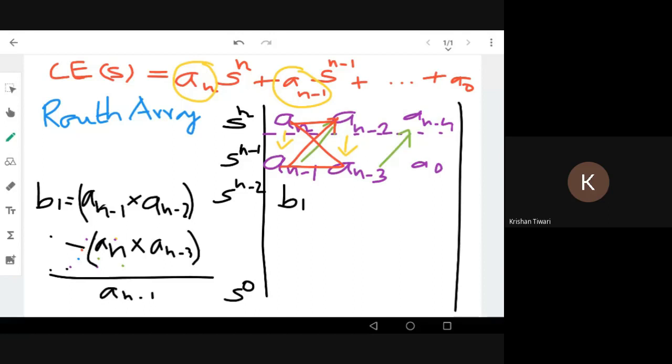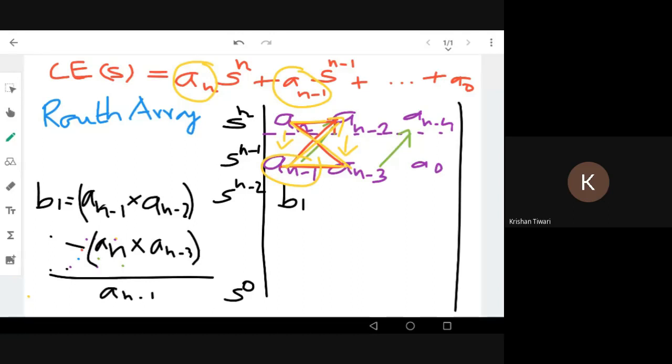Again I'll repeat what I have done. I start from the bottom, a_(n-1), and go to the top: a_(n-1) into a_(n-2), that's a single term. Then minus, then I took a_n into a_(n-3). And this whole thing is divided by a_(n-1).